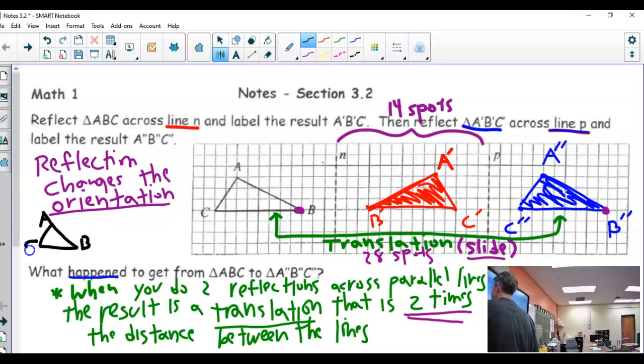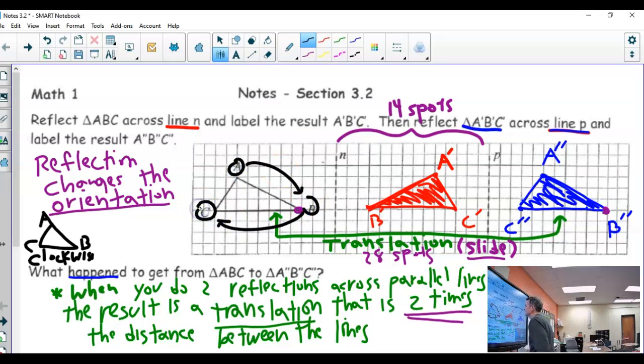And the ABC goes clockwise. When you look at the ABC, the A, then the B, then the C is going clockwise around the triangle.